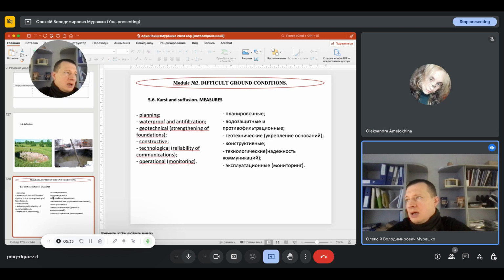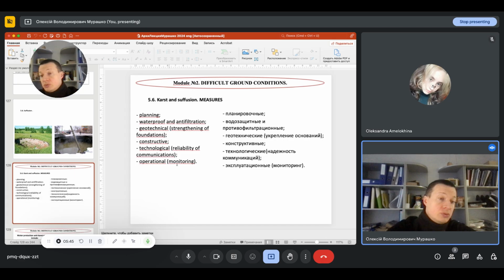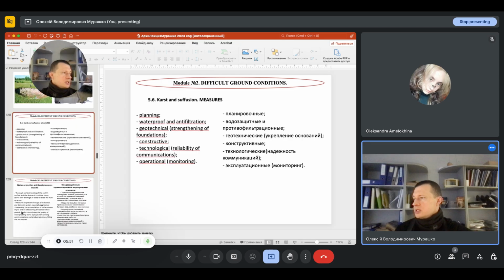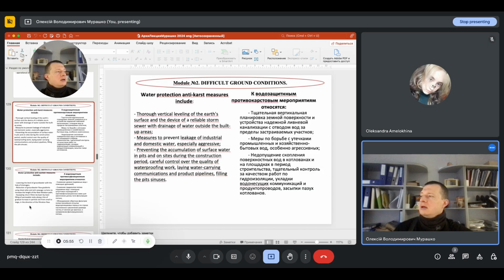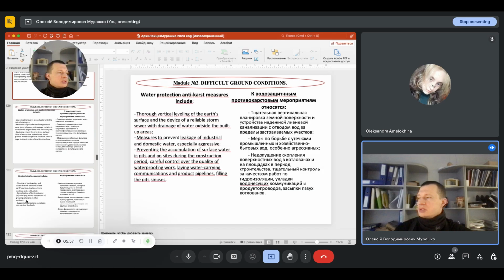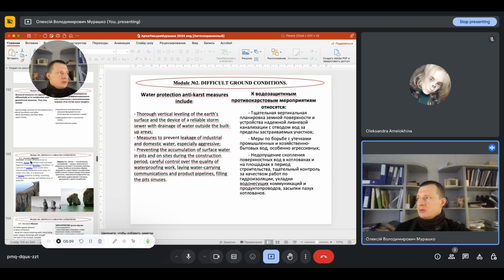Waterproof and anti-filtration, geotechnical solutions, constructive structural solutions, technological and operational ones. Thanks to good monitoring of the underground waters, we can also protect our buildings from karst and submersion. Next, all those solutions I have told you about previously in detail, so I will not stop on that.